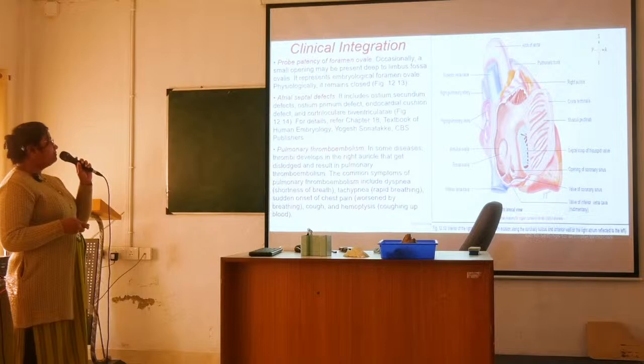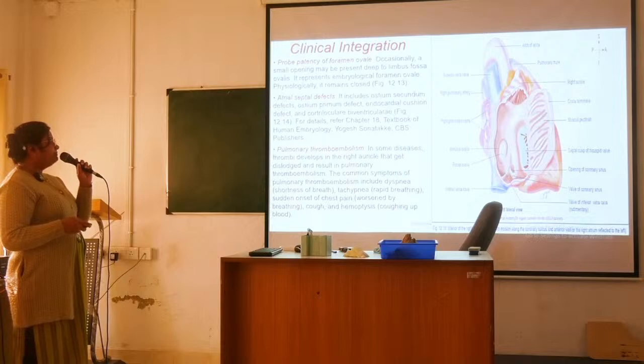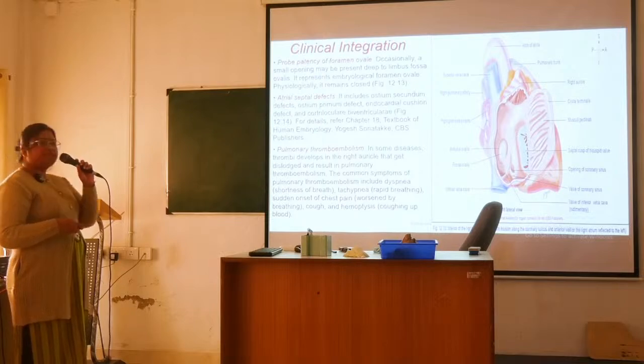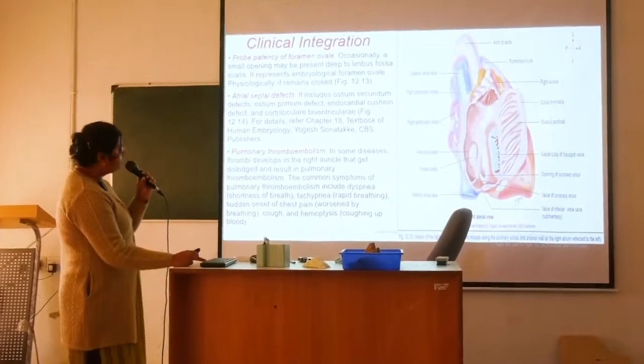Common symptoms of pulmonary thromboembolism include dyspnea, that is shortness of breath, tachypnea, rapid breathing, sudden onset of chest pain which is worsened by breathing, cough and hemoptysis, that is coughing up of blood. Okay, these are symptoms of pulmonary thromboembolism.